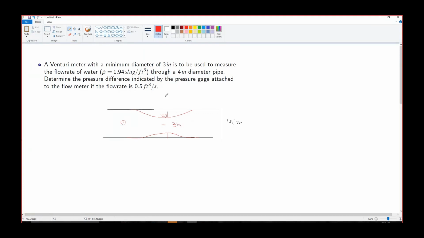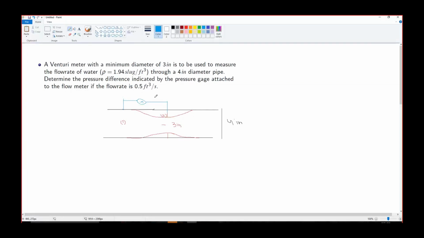You have attached a pressure gauge from this point 2 till this point 1, like this. This gauge would be reading the pressure difference between point 2 and point 1, that's P1 minus P2.